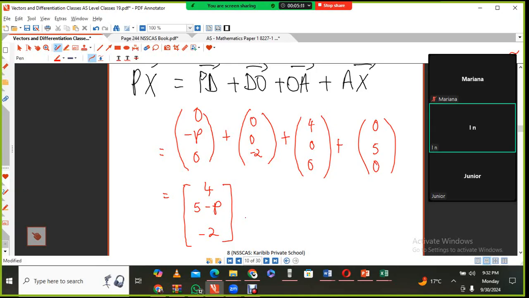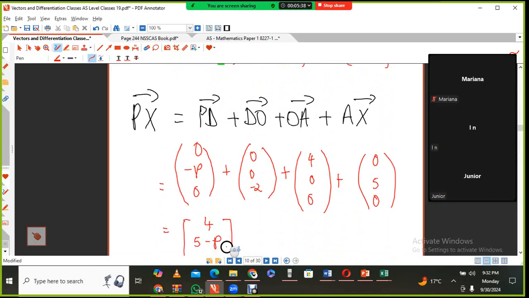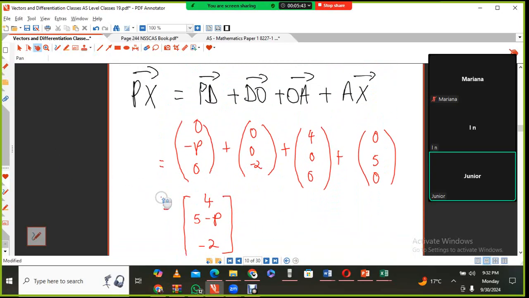Are we doing Roman 2? Now find the possible values of P. It means that PX dotted with PO should give you 0. These two multiplied together give you 0. Yes, dot product. Okay.